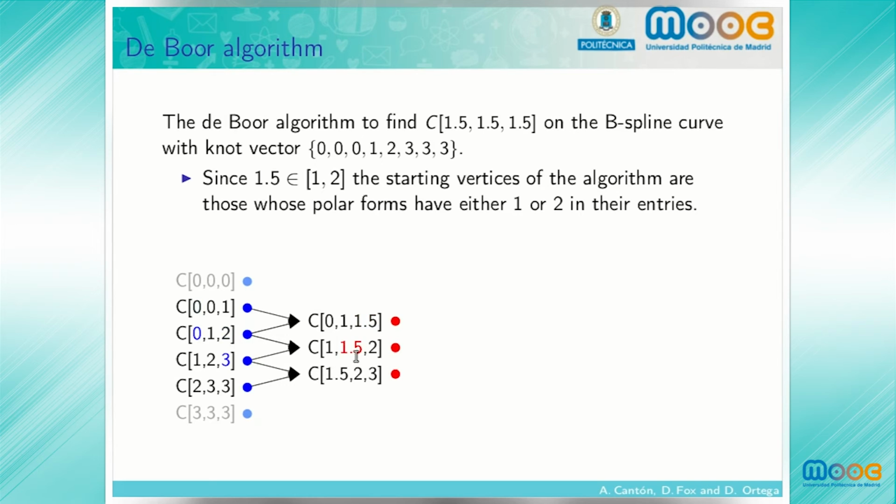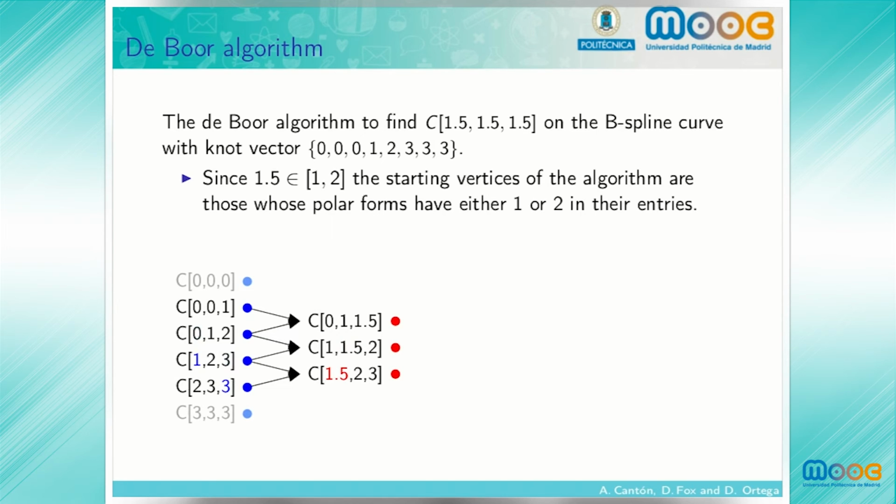This point here lies on the line segment defined by these 2 points in the same proportion as 1.5 lies between 0 and 3, in this case in the middle. This point here lies on the line segment defined by these 2 points in the same proportion as 1.5 lies between 1 and 3, closer to this point than to this point.